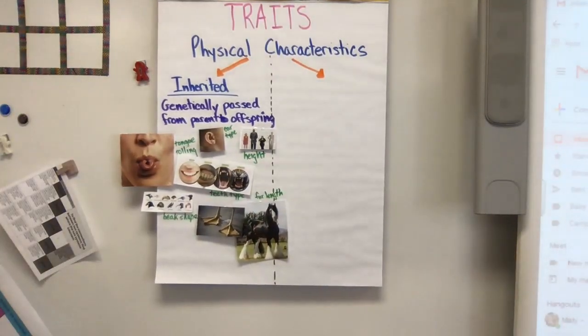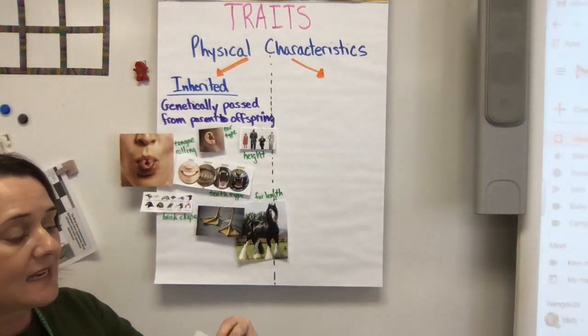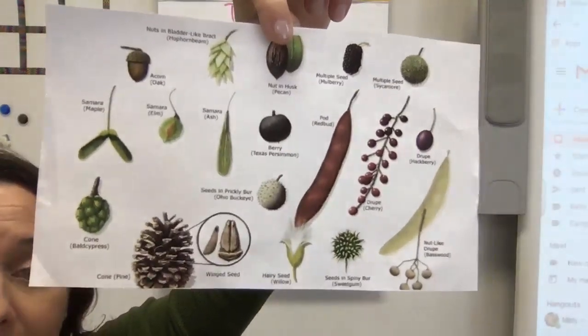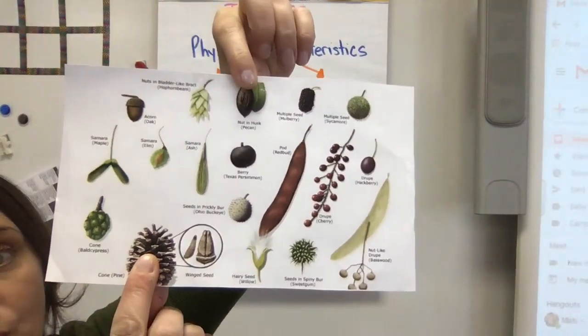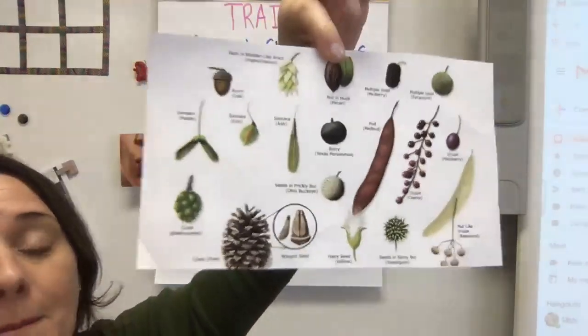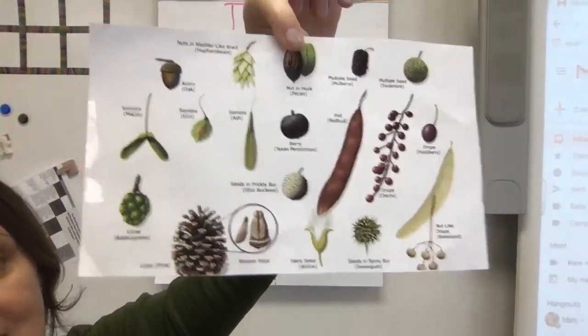And then I've got one last one here under the inherited side. These are seed types. Pine trees are going to have these seed types. An oak tree is going to have an acorn. Parents and offspring will have the same seed type.